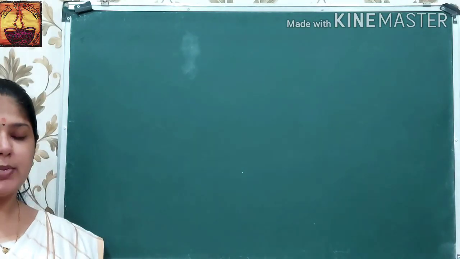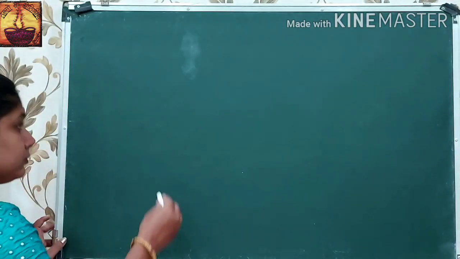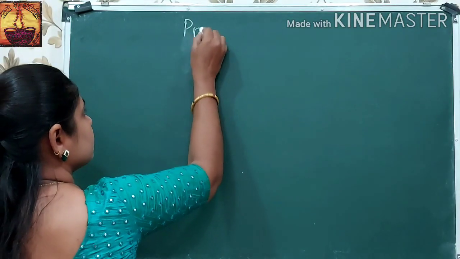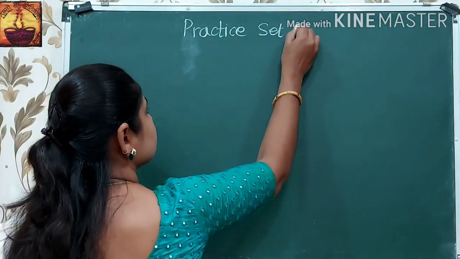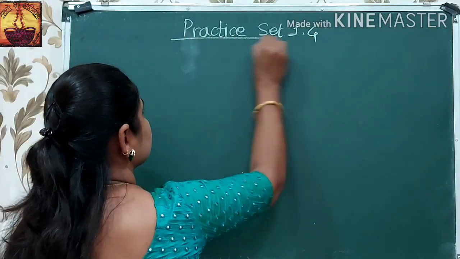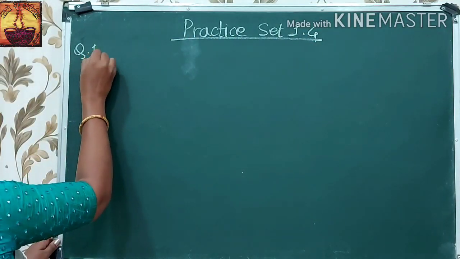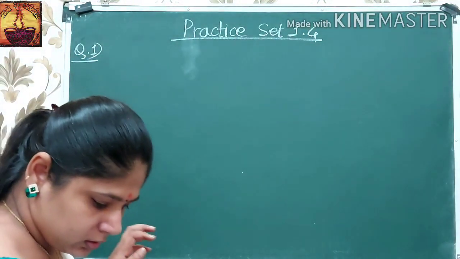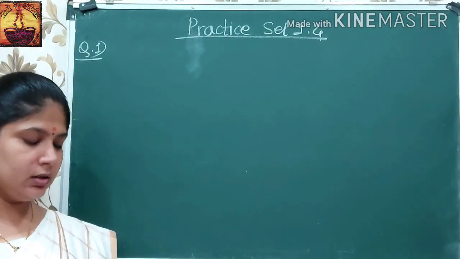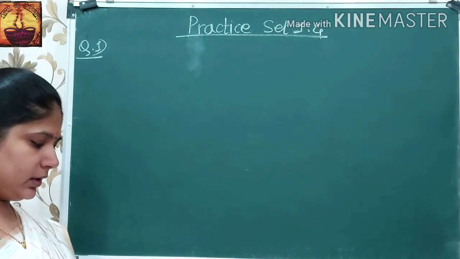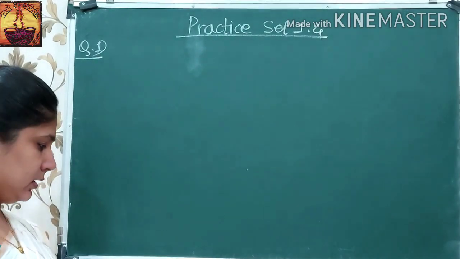Let us solve practice set 1.4. Question first is: the ratio of corresponding sides of similar triangles is 3 as to 5. Then find the ratio of their areas.